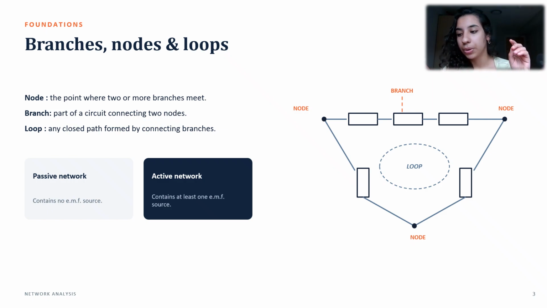But I explained there what voltage is, current, resistance, and the formulas you'll need, Ohm's law, and all of that. So you will know what EMF is. It's kind of like voltage, but it's not. And an active network has at least one EMF source or voltage source.